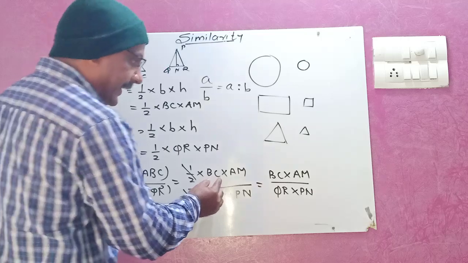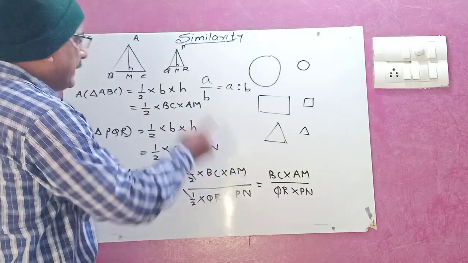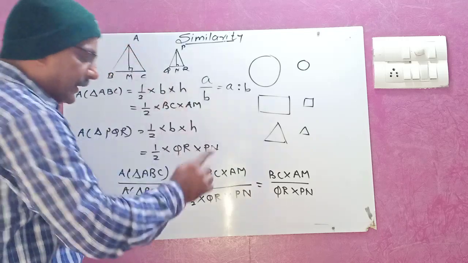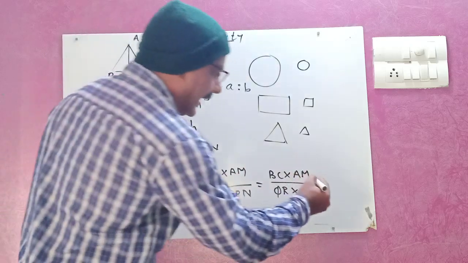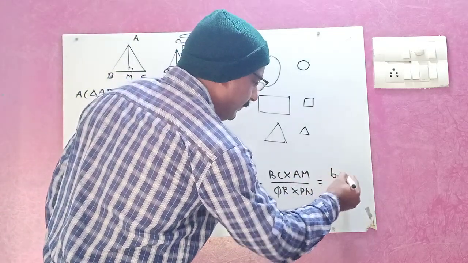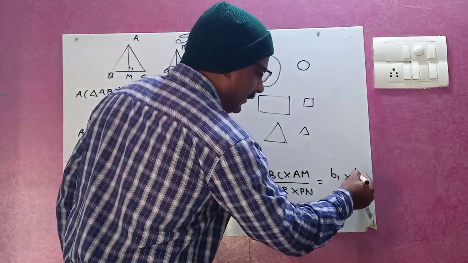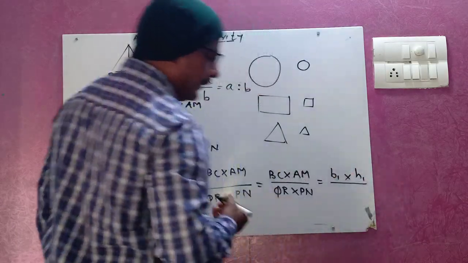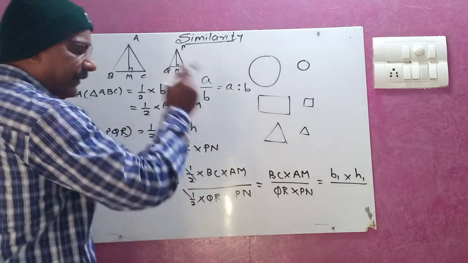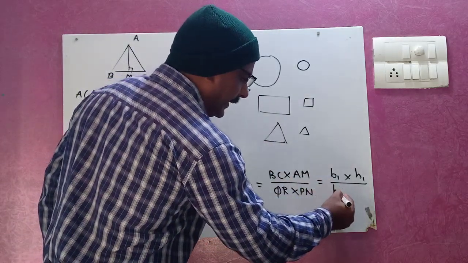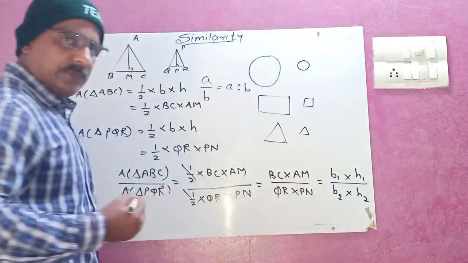What is BC, children? BC is the base of this triangle and AM is the height of this triangle. So if I take BC as B1 and height AM as H1, and similarly for the second triangle I take base B2 and height H2.